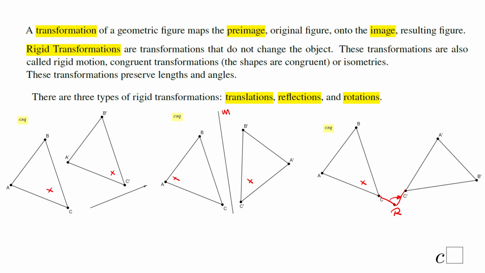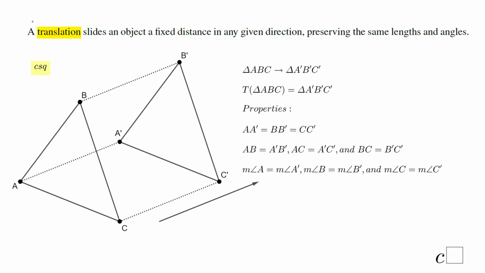Okay, so now let's take a look at what I said. I mentioned that translation and the other two also preserve the length and the angle. You can see that here. This statement says exactly what I said, that AB and A prime, B prime have the same measure.